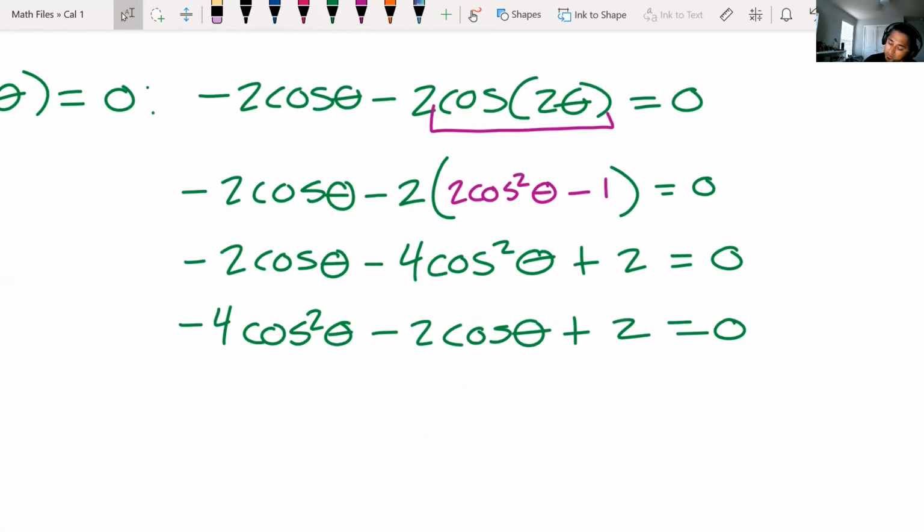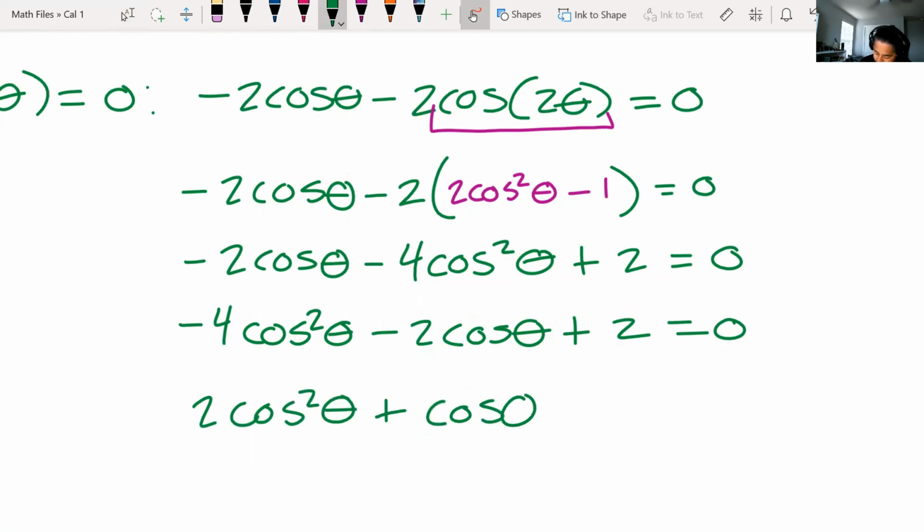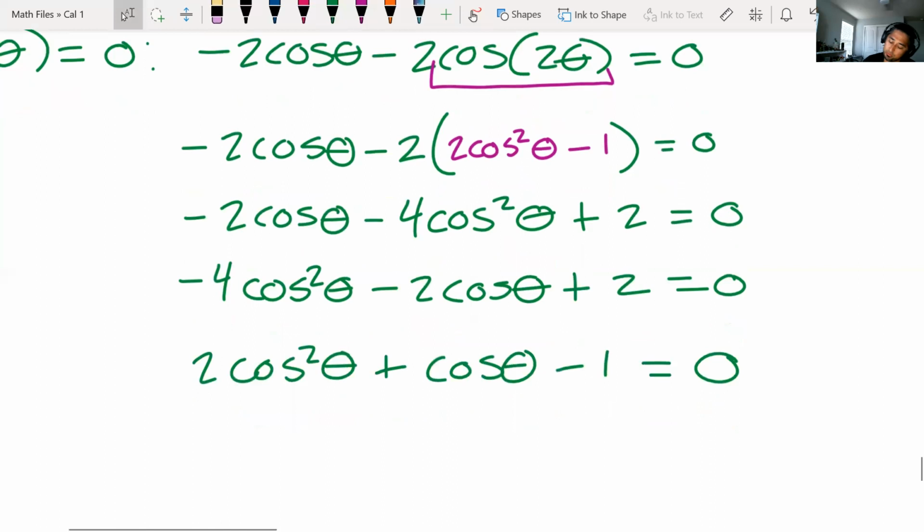And then divide everything by -2. And I should end up with positive 2 cosine squared theta plus cosine theta minus 1 equal to 0.